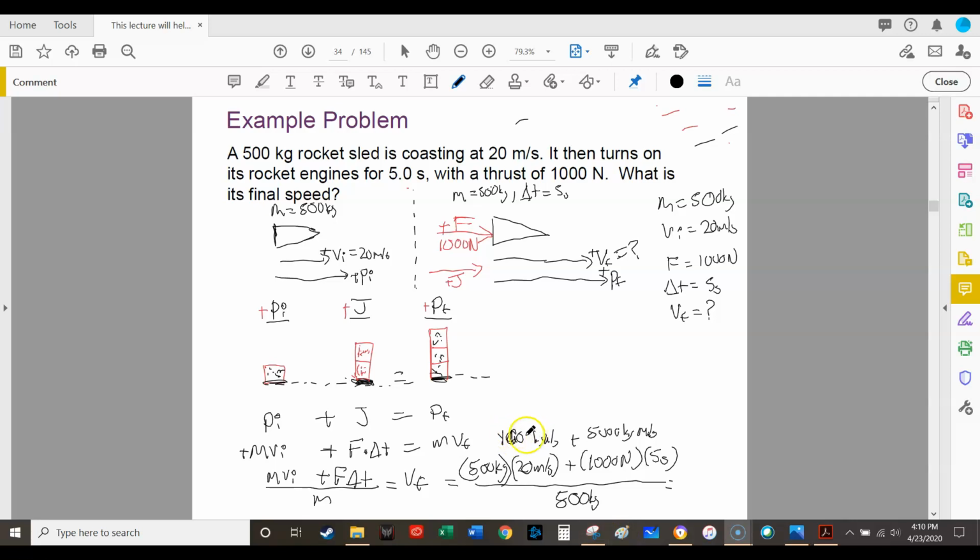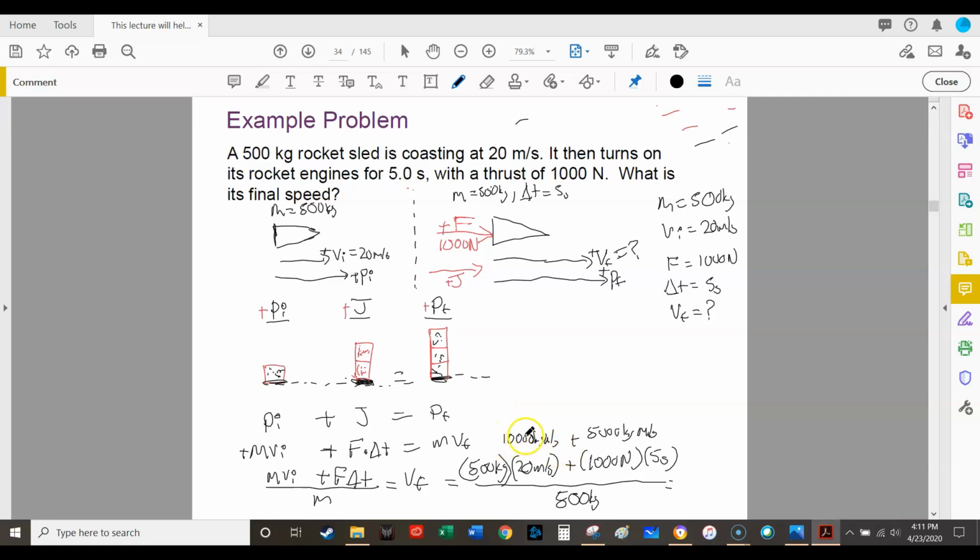Wait a minute, that's not 100, that's 10,000. Oh boy, I'm gonna have to rewrite that. I'll double check my math. 500 times 20 is 10,000. Woo, that freaked me out for a second.